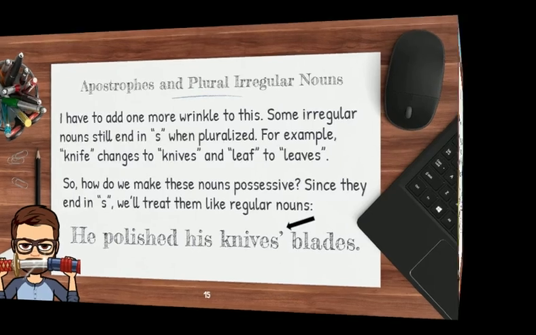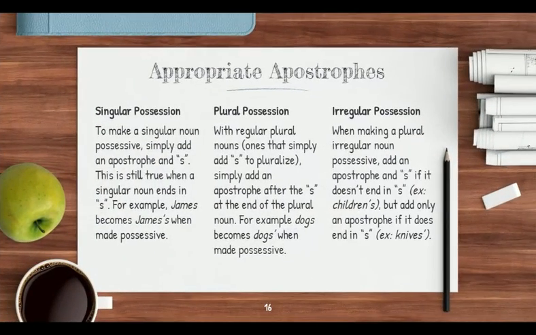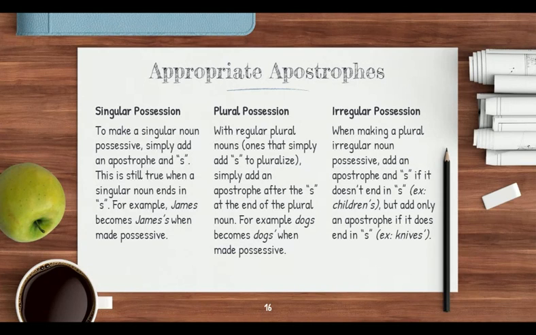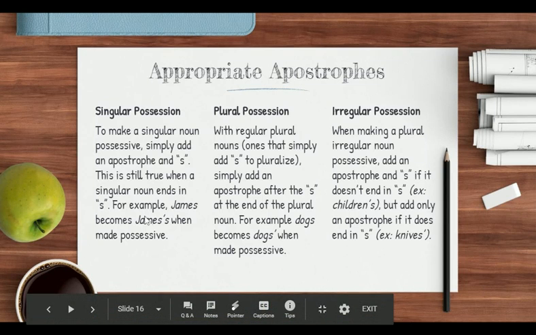So there you go. So let's review. Appropriate apostrophes. With singular possession, to make that singular noun possessive, we simply add an apostrophe and an S. This is still true when a singular noun ends in S. For example, James becomes James's when made possessive. You see it right there.